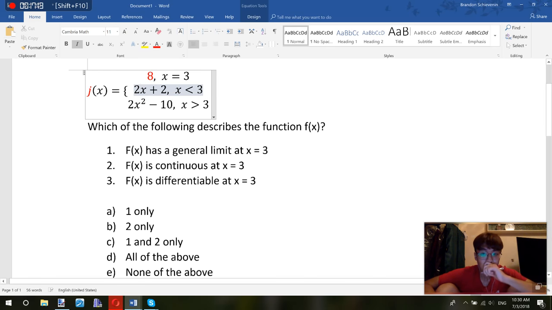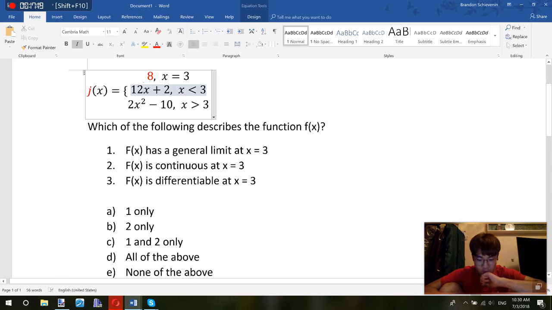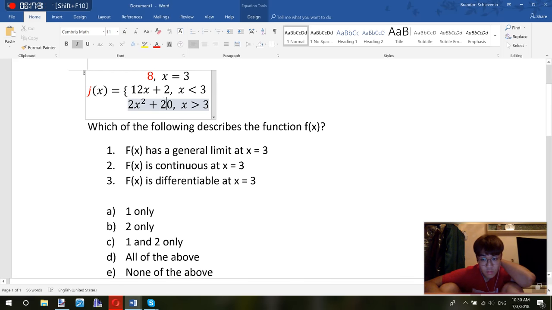I want this to end up being 12. This should be 12. So this is 36, 38, and this is 18. This should be plus 20. Okay, I changed just about everything there, so let me highlight everything again.